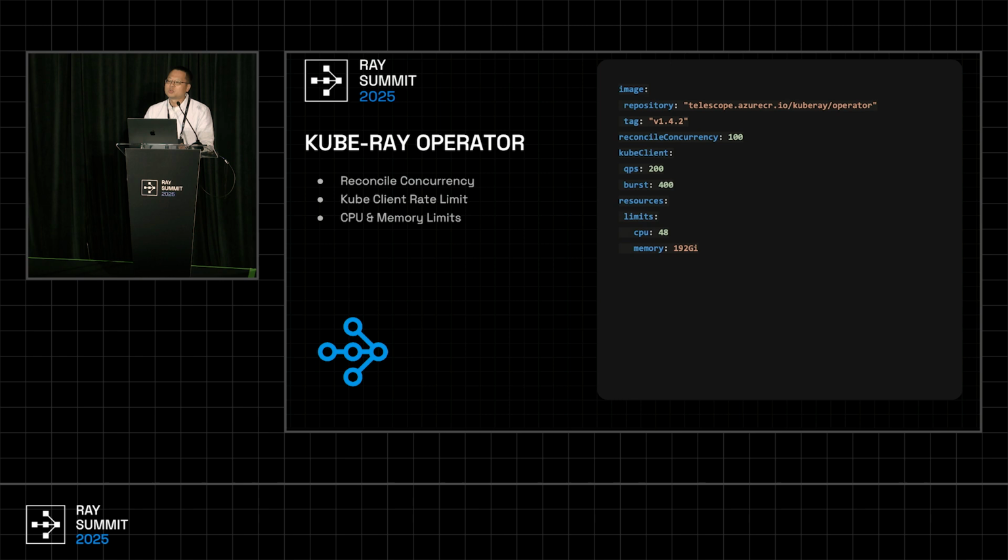To scale KubeRay orchestration, there are also several parameters to tune. Luckily, the latest version of the KubeRay Helm chart exposes new options for large deployments. This includes reconcile concurrency, Kube client rate limits, and naturally, the CPU and memory limits need to be increased to avoid CPU throttling and OOM kills as the number of custom resources to be cached grows.